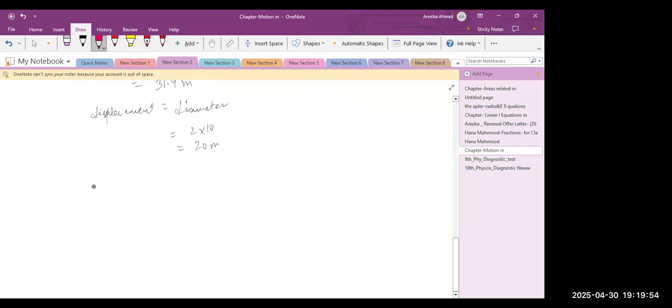Anyways, so the next is about uniform and non-uniform motion.